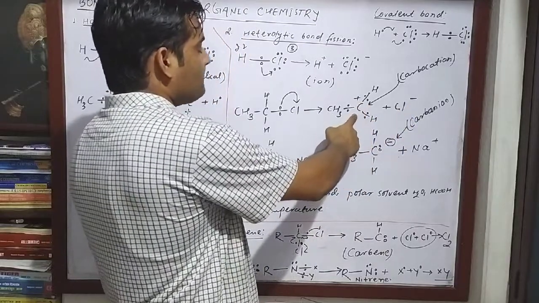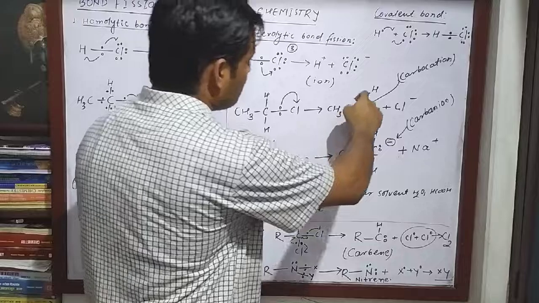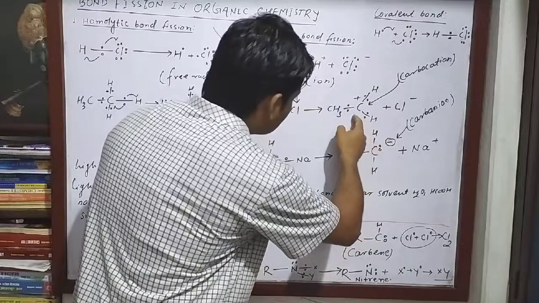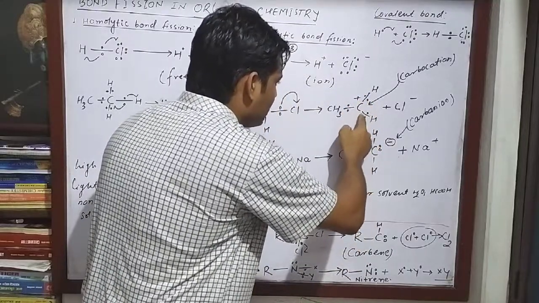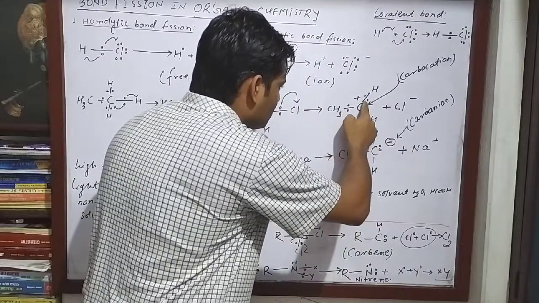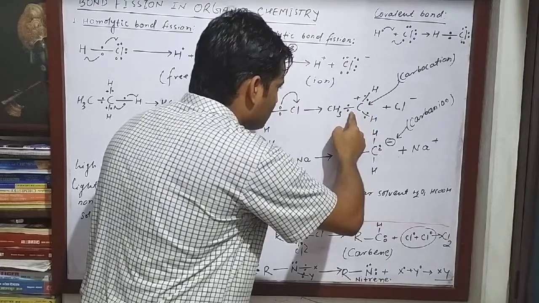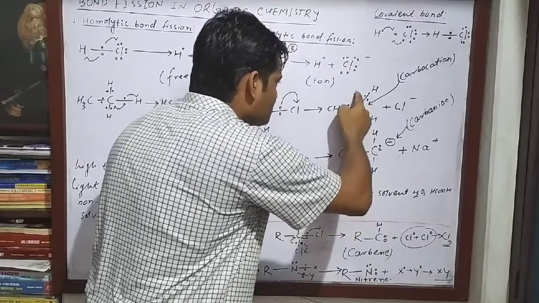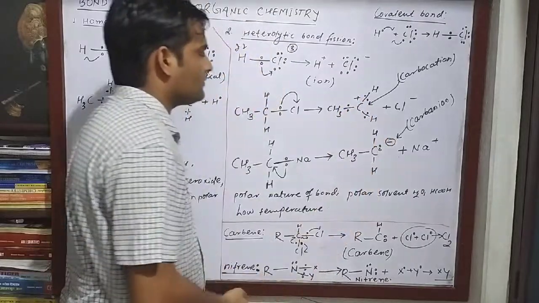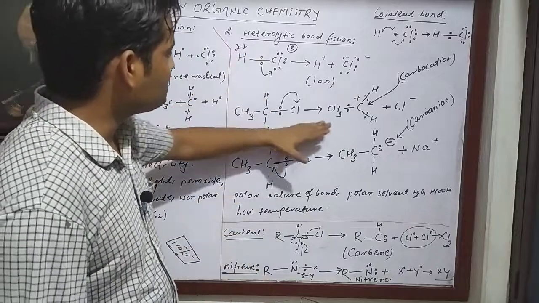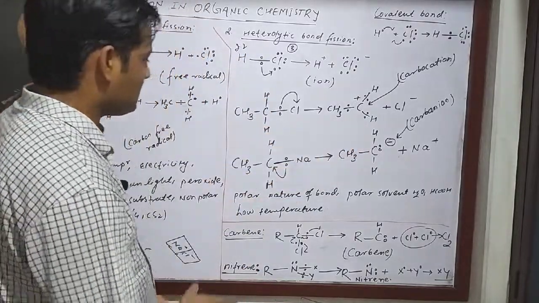Which type of carbon atom? Having 3 covalent bonds, here 1 2 3 covalent bonds, a trivalent carbon atom containing a positive charge, this is called a carbocation. And in heterolytic bond fission there is formation of carbocation.